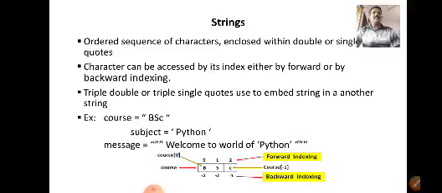So subject = Python course BSc, message is equal to, and within the 3 double quotes we have represented: welcome to the world of Python. Here we represented the indexes for forward indexing and backward indexing. Forward indexing contains positive indexes; backward indexing contains negative indexes, beginning with -1, -2, -3, like this.